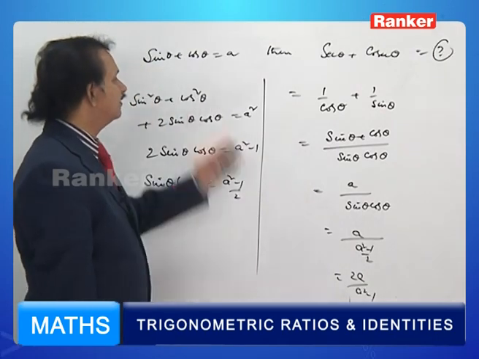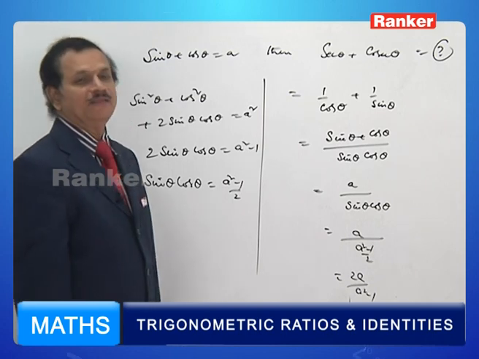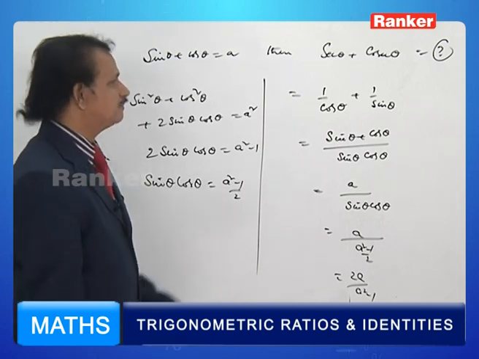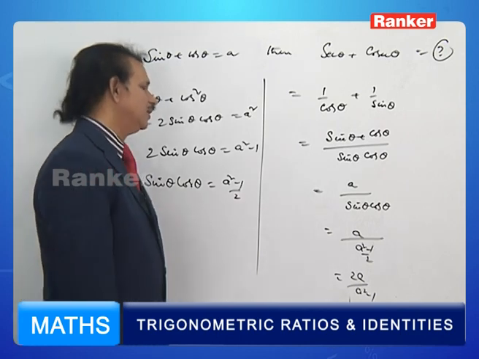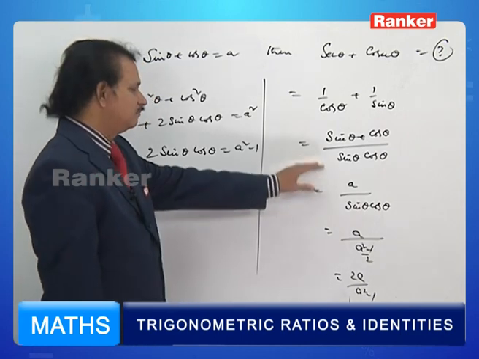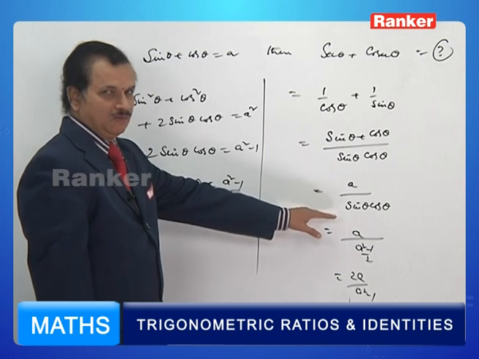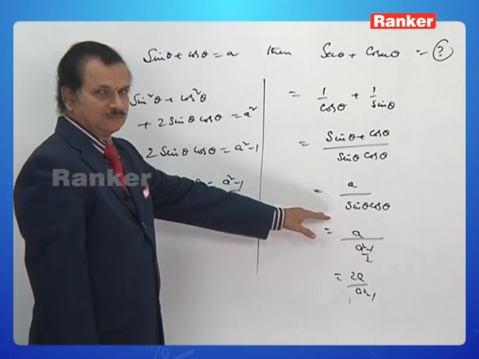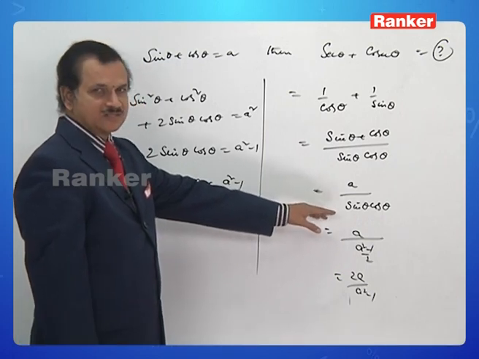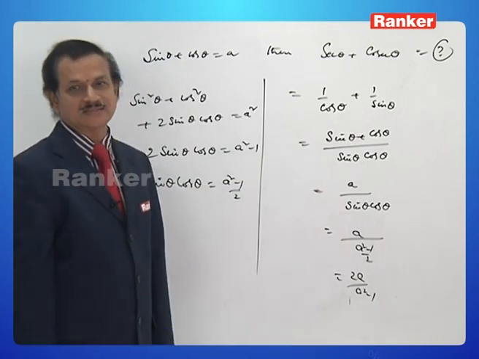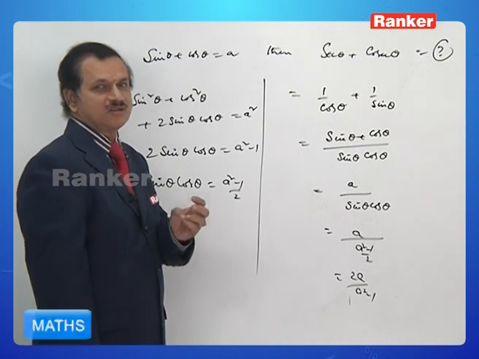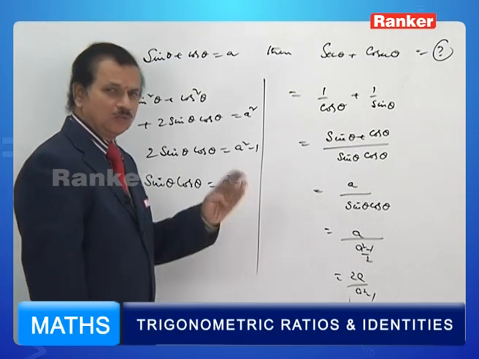So if sin theta plus cos theta is equal to A, then what is the value of secant theta plus cosecant theta? That is the question. To approach that one, we have proceeded up to this step. Now, the situation demands that what is to be written in the place of sin theta cos theta.